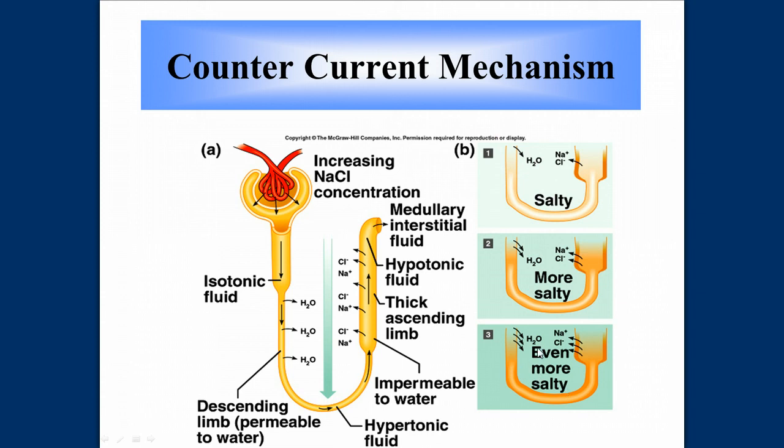Now, so that you don't have all this salt in the interstitial fluid, sodium chloride can be picked up by the proximal convoluted tubule, or if it's needed in the bloodstream, it can be picked up through the peritubular capillaries, so the sodium content is maintained here by the movement of those ions.